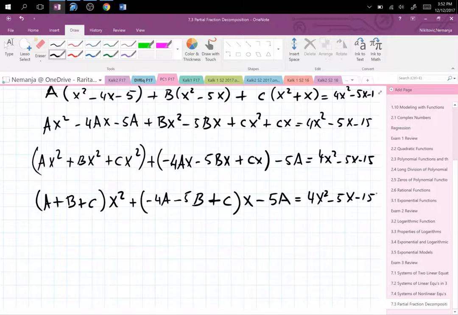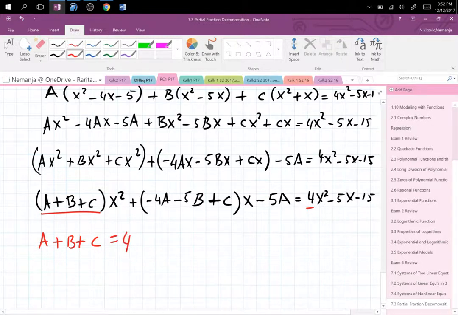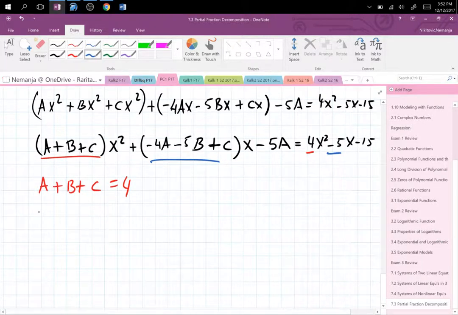But again, we are comparing coefficient of x squared with the coefficient of x squared, so that's my red equation, a plus b plus c equals 4. The blue equation with the blue coefficient, which is negative 4a minus 5b plus c equals negative 5.